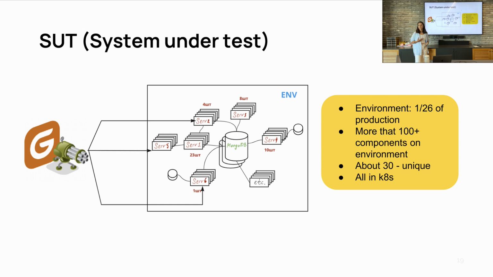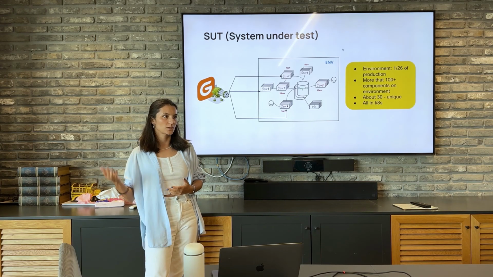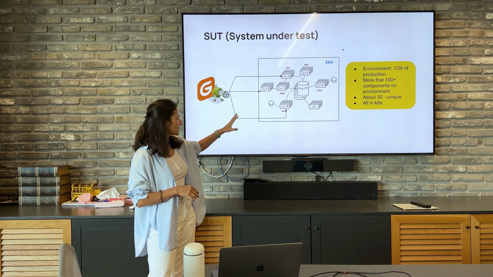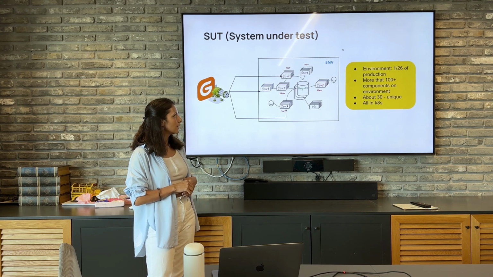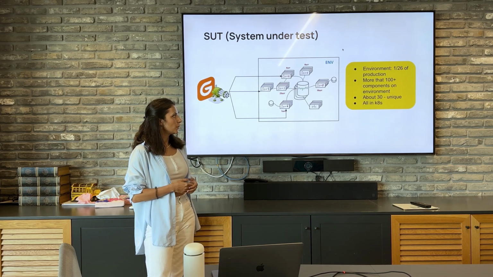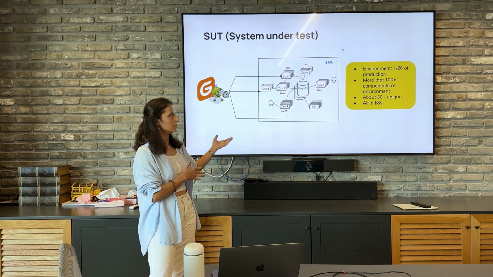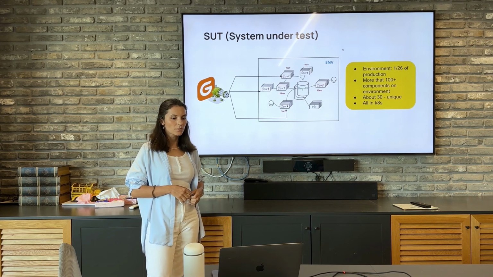Because it's a performance environment, it's quite big, so we should have results that we can extrapolate to production. We also have databases, which I didn't show here. It's about 30 unique components, and they were all on virtual machines, and we moved them to Kubernetes.